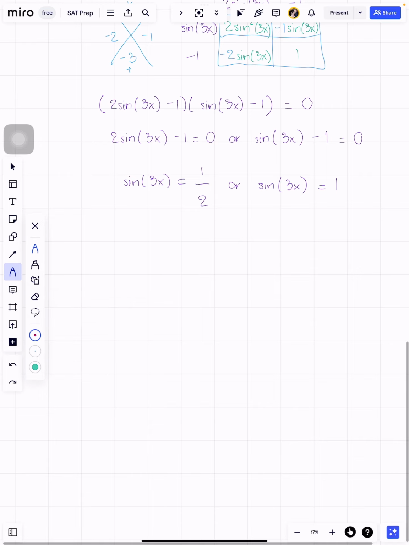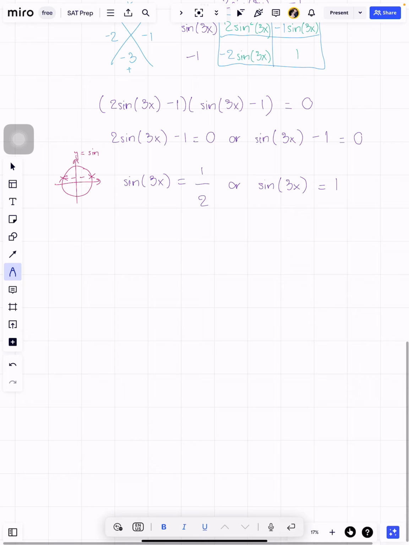If you want to measure it down on the unit circle, let me draw a quick sketch of the unit circle. Sine equals a half. I'm looking at this angle and this angle, because the sine is represented by the y value on a unit circle.